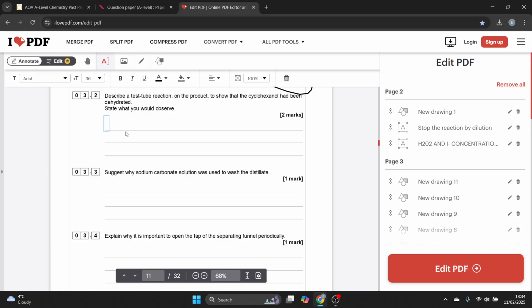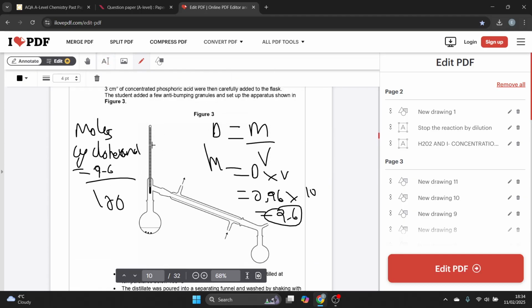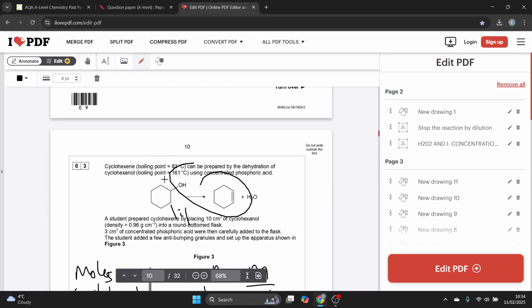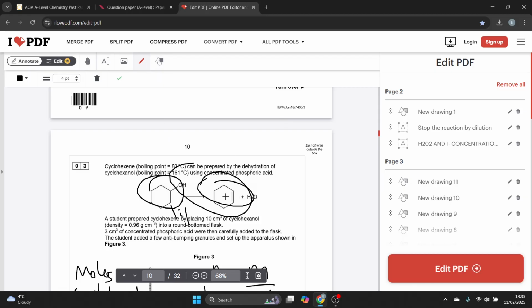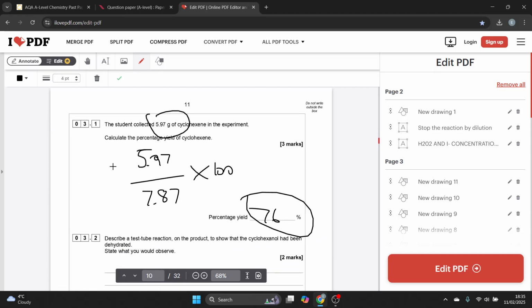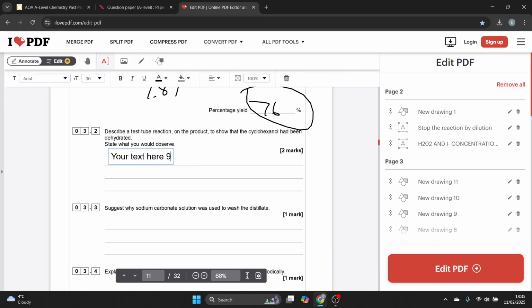Describe a test tube reaction to show that the cyclohexanol had been dehydrated. Now this one's really tricky because you think about it, cyclohexanol to be dehydrated, what could a test tube reaction possibly be? Well, what have I gone from? I've gone from an alcohol to an alkene. And what is one thing an alkene has that an alcohol doesn't have? A double bond. What's the test for a double bond? Bromine water.